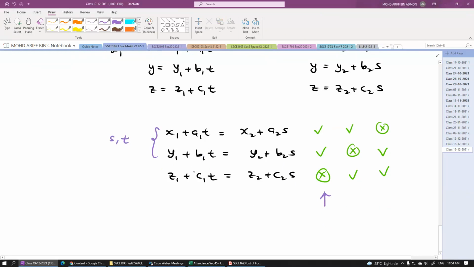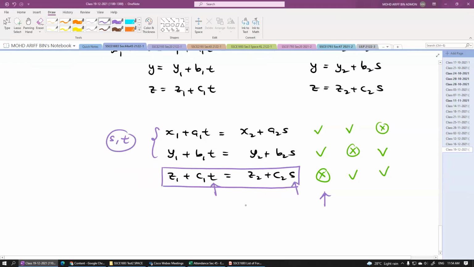Yes, you can get s and also t, but for the third equation that you did not consider to find your s and t, you have to check whether your s and t are correct or not. How? You substitute the t value and the s value here.